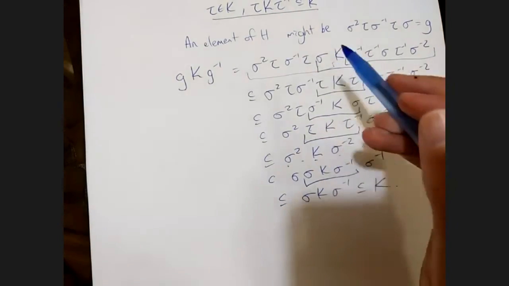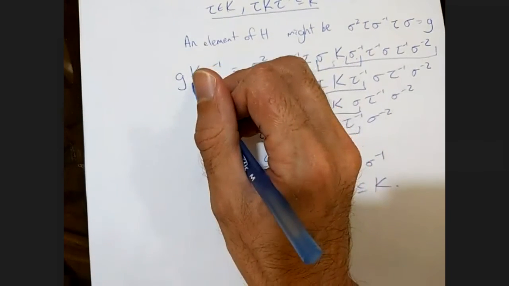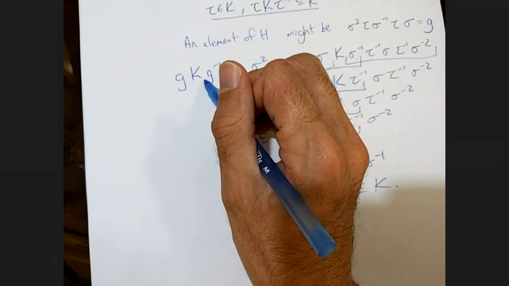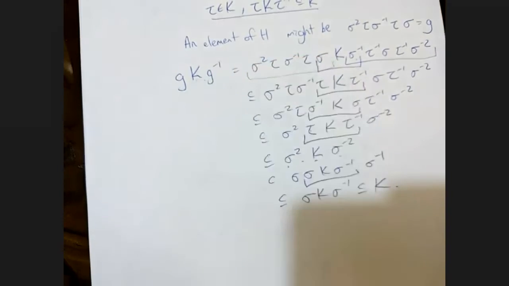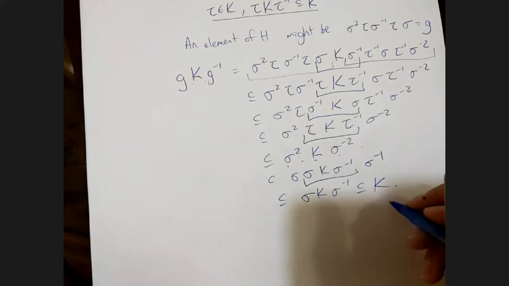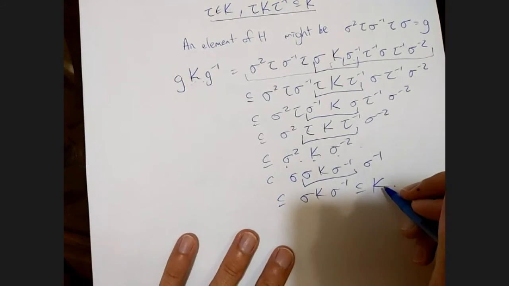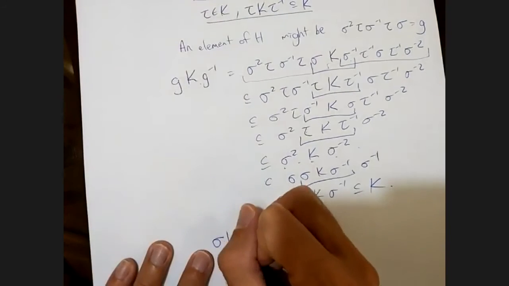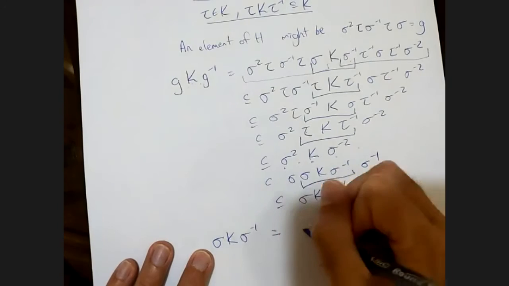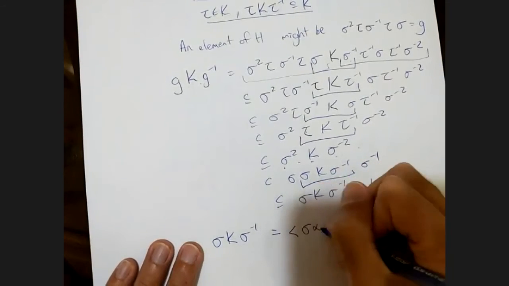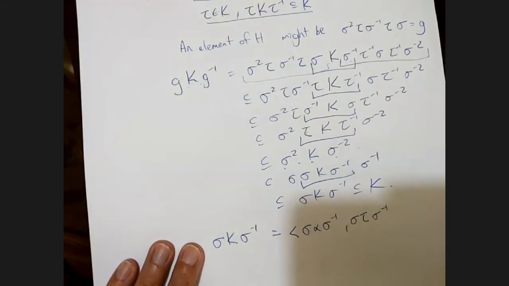So as long as I check that my group K, when I conjugate by the generators of H, I get K back, that will mean that K is normal in H, okay? So now let's check what sigma K sigma inverse is. It's generated by sigma alpha sigma inverse and sigma tau sigma inverse.